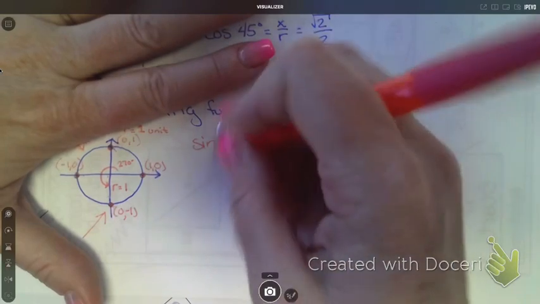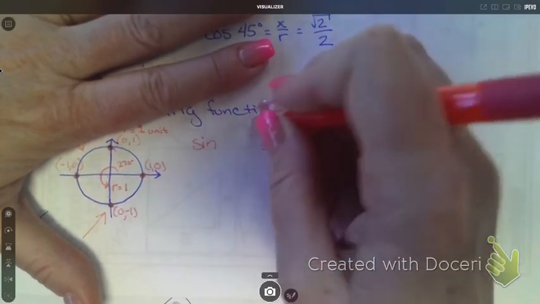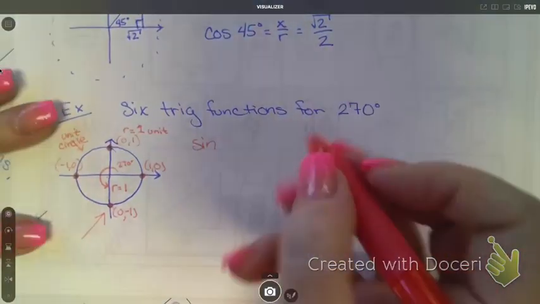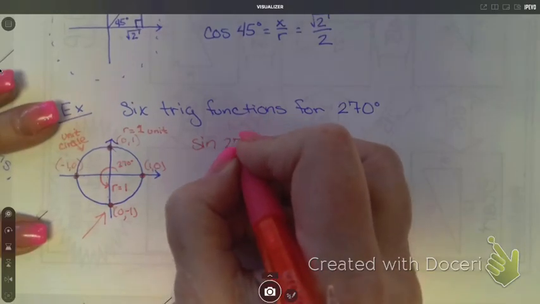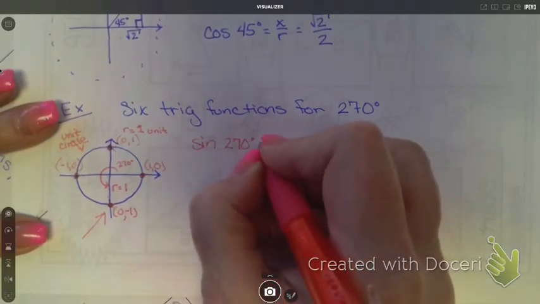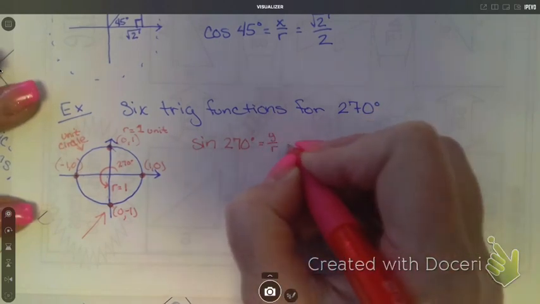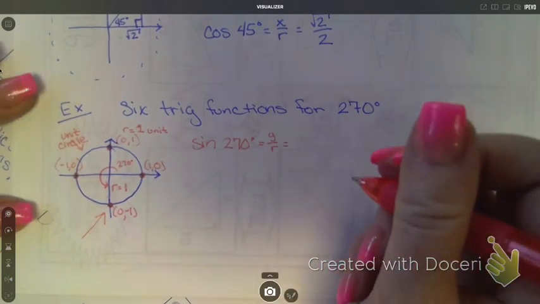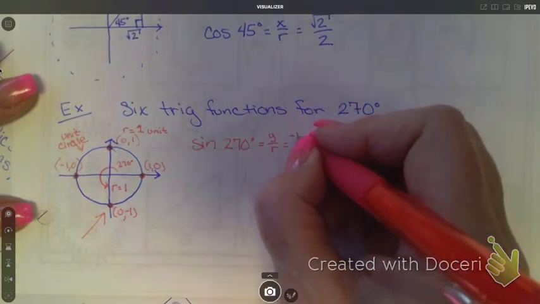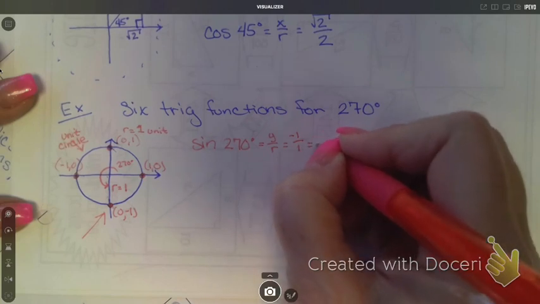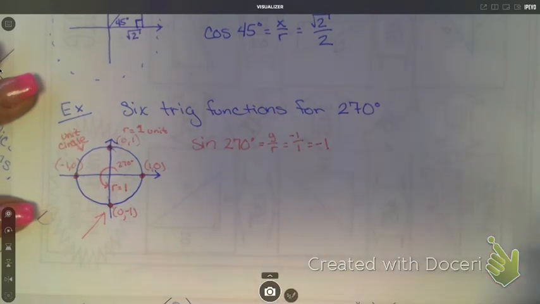Theta is 270, but I should put 270. Okay. Sine of 270 is Y over R, which is what over what? Negative 1 over 1, so it is negative 1.